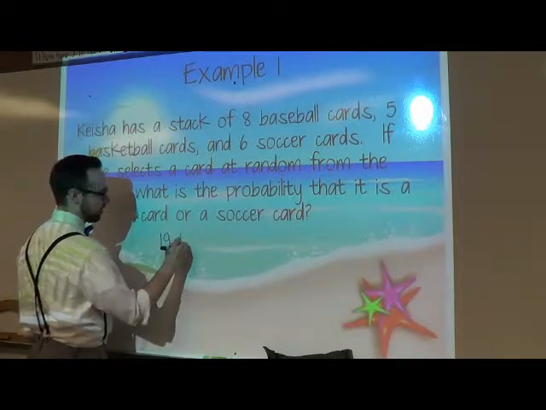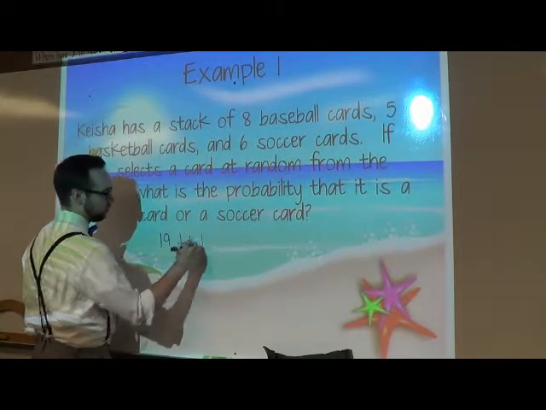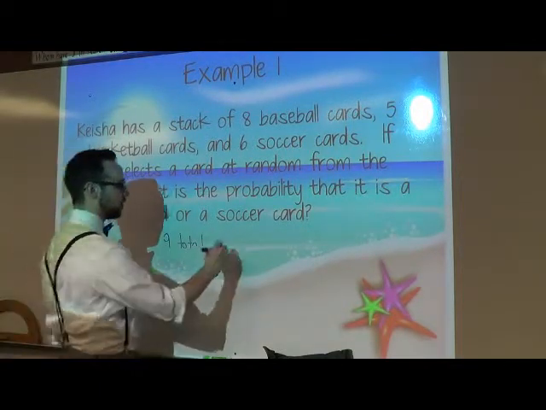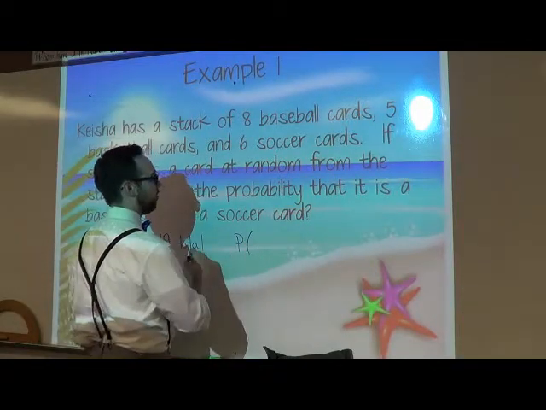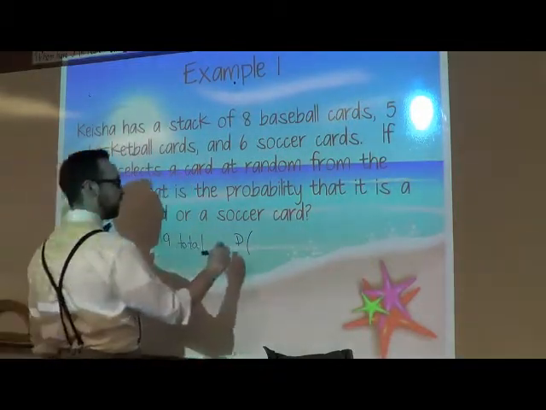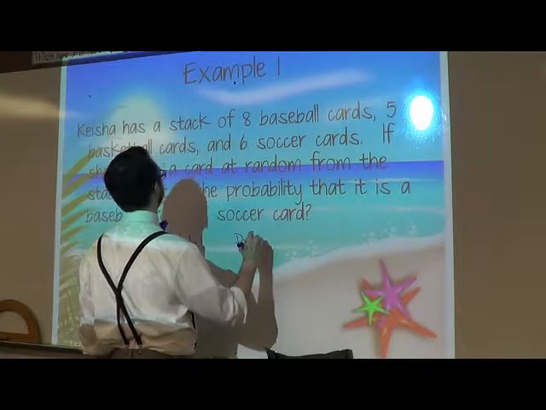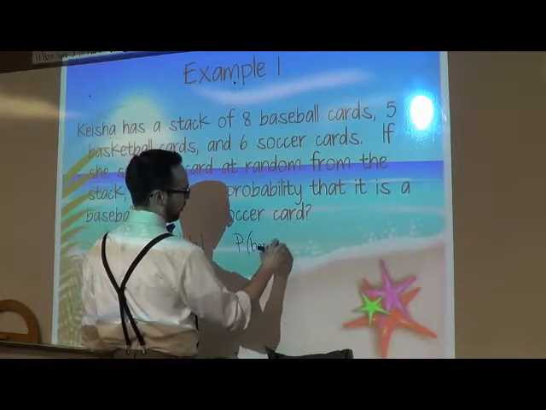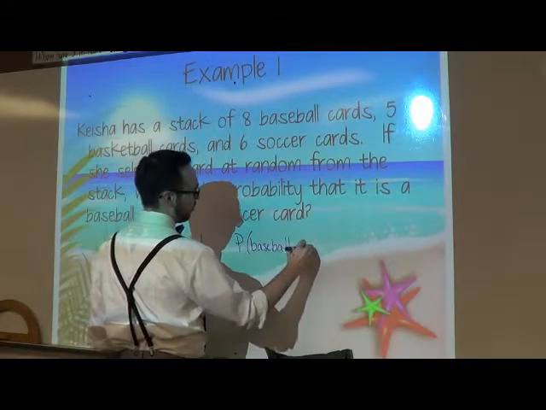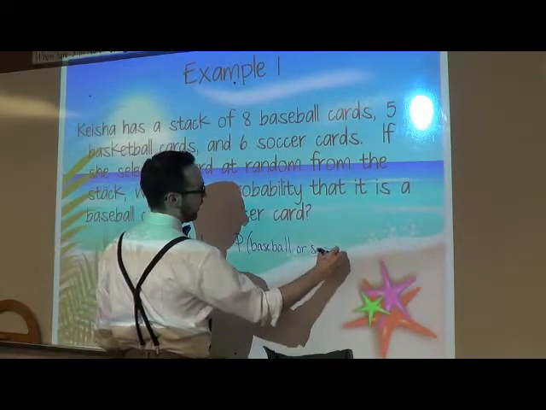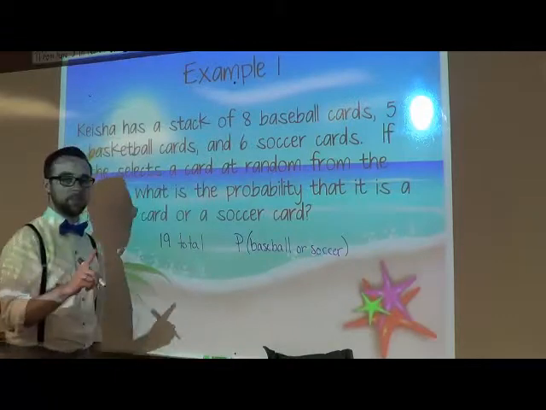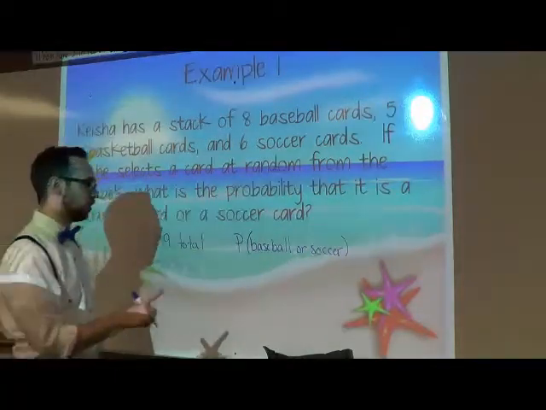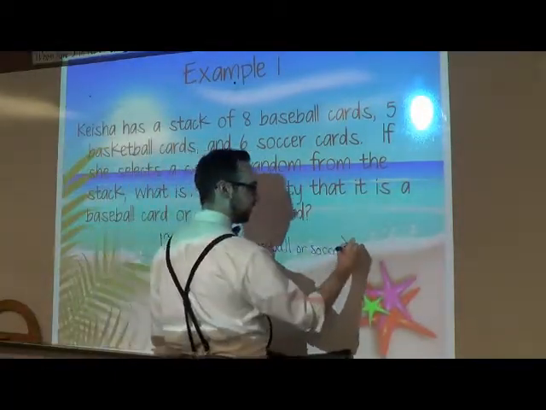Now, we want to know the probability of picking baseball or soccer. We're only picking one card. We're not picking two cards, we're just picking one card.